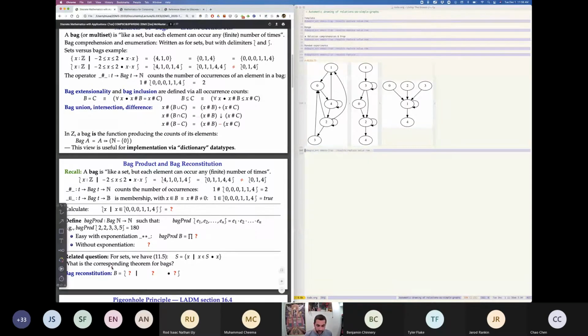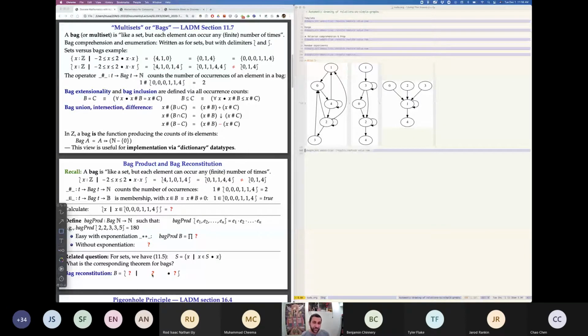I would like to suggest to some of you to look at this. So this is possible for sets. A set S is all the things X that happen to be in the set. But a bag, is this even possible? You can consider all X that happen to be in the bag, but I need to know how many times they occur in the bag.